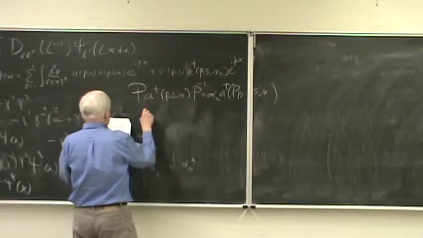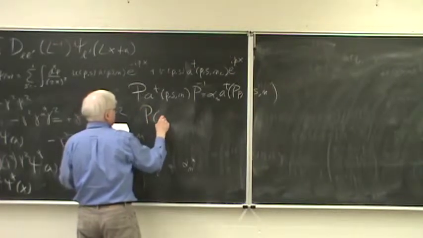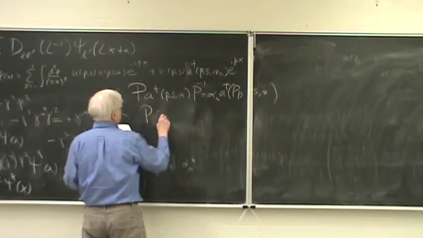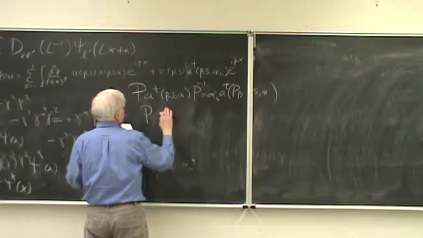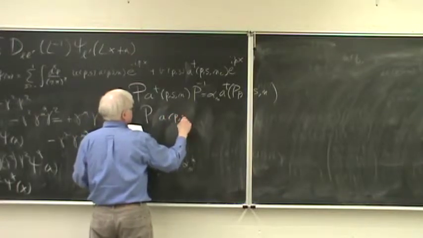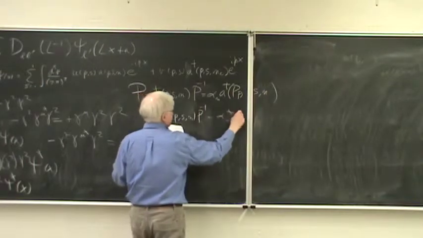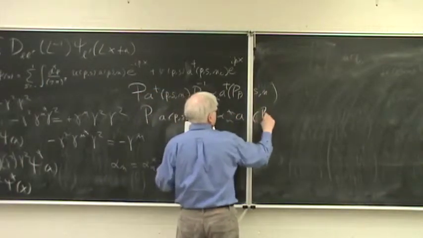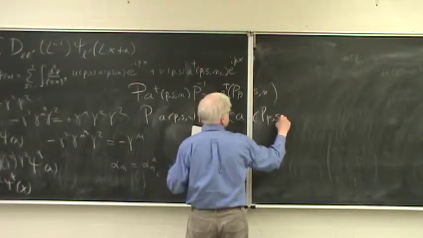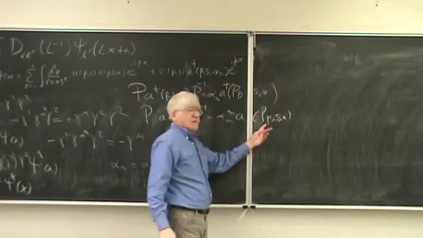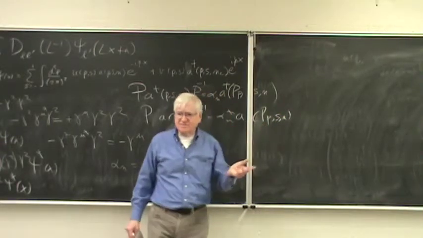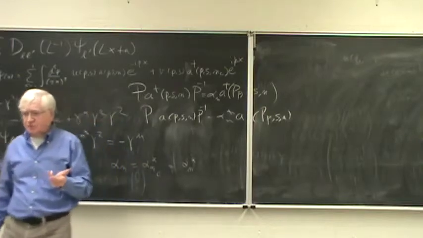And the Hermitian conjugate is P A of p, s, n P inverse equals alpha n star A of the reflected momentum, s, n. Of course the reflection flips the space components and not the time component.